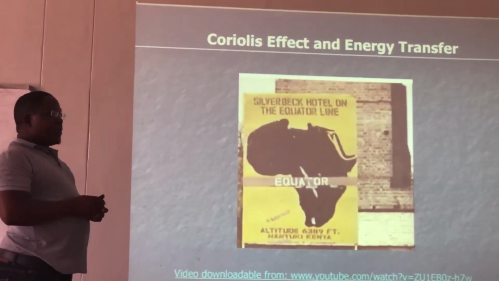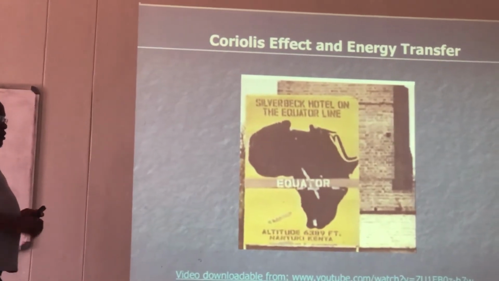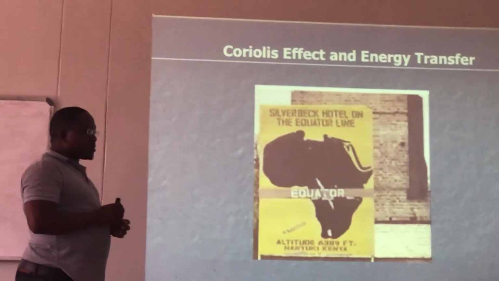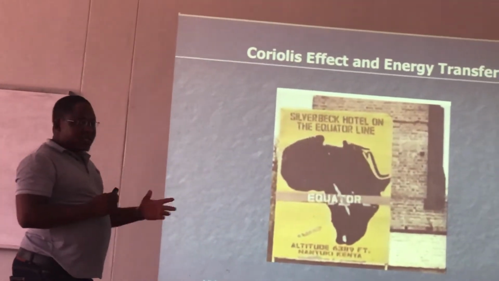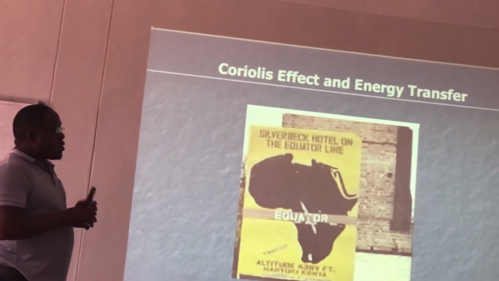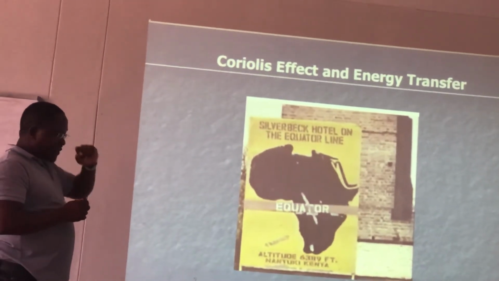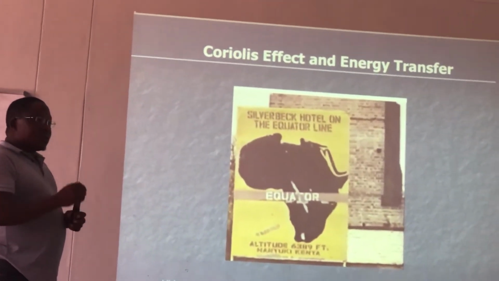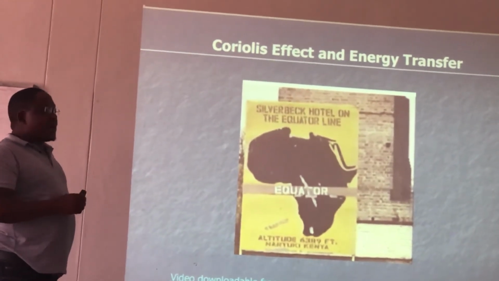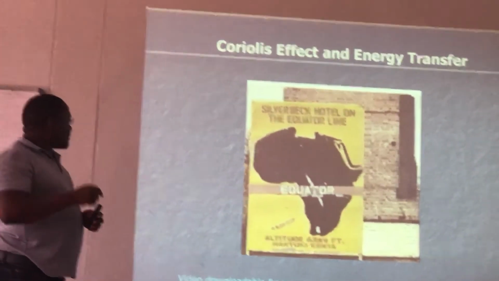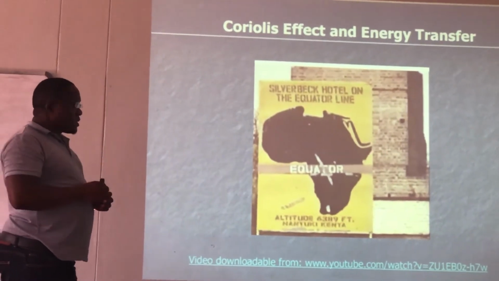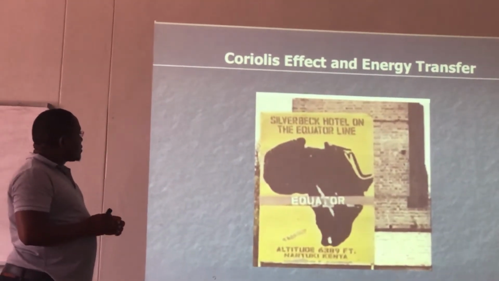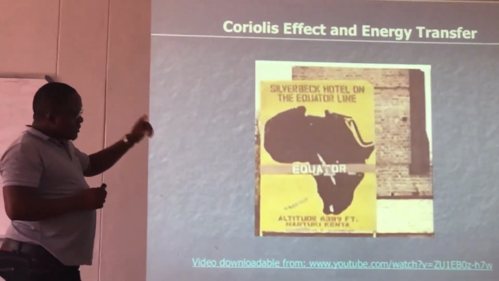The other important thing which you need to understand is what we talked about, and we already introduced this concept. We called it the Coriolis effect. We said the Coriolis effect is an effect that is brought about by Earth's rotation. This Coriolis effect is so important because it is directly related to energy transfer.